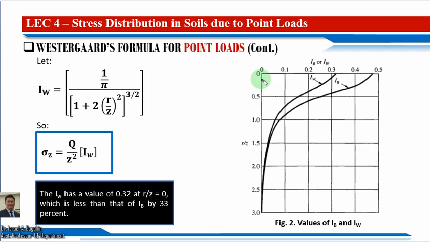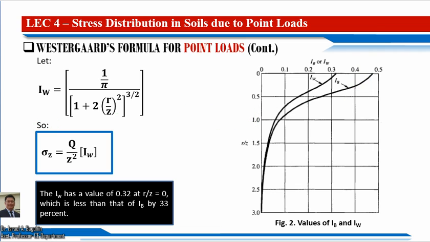If r over z is equal to 0, our I sub w is about 0.32, and for I sub b it is 0.48, as discussed in our previous slide. So we can use this graph to determine the values of I sub w and I sub b. And geotechnical engineers prefer to use the Boussinesq solution, as this gives conservative results based on this graph.